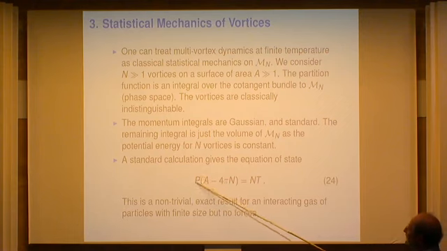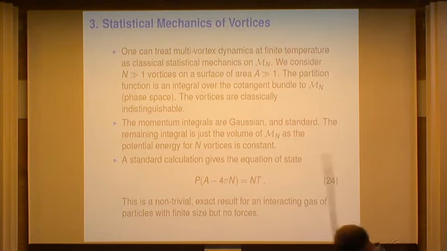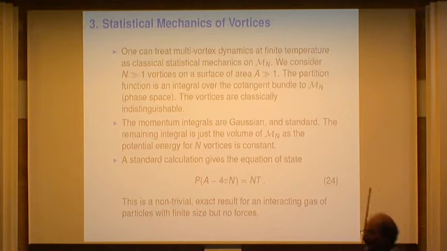The ideal gas is pressure times area is number of vortices times the temperature. But here there's this correction term, which is a bit like a van der Waals equation of state. And it's due to the fact that the vortex has finite area. It's like the equation of state for a gas of disks moving around on the map. In fact, it's an exactly solvable model of the statistical mechanics of hard disks.